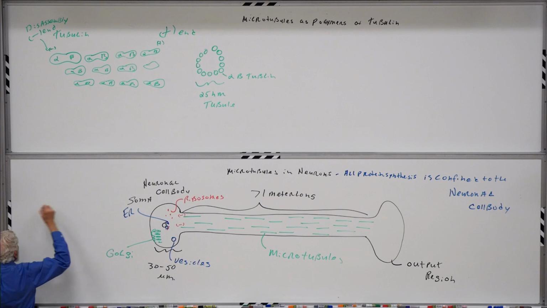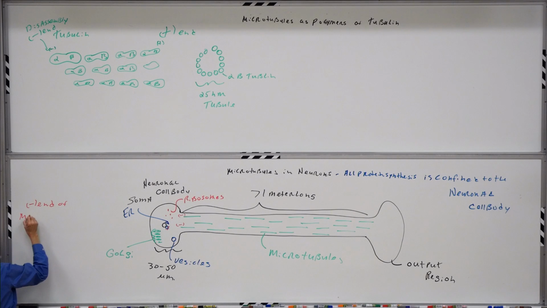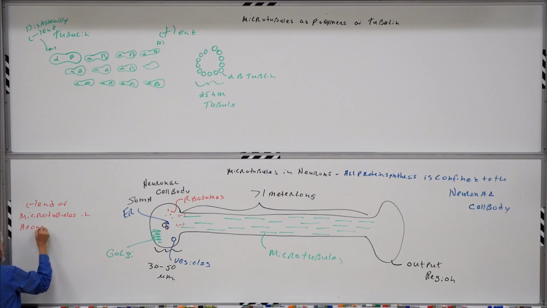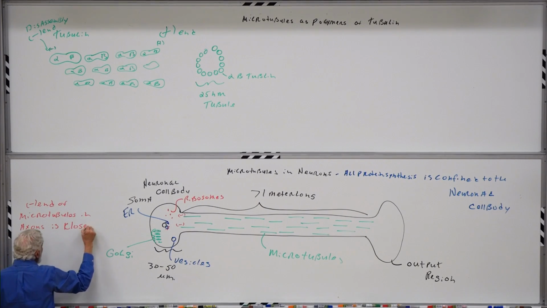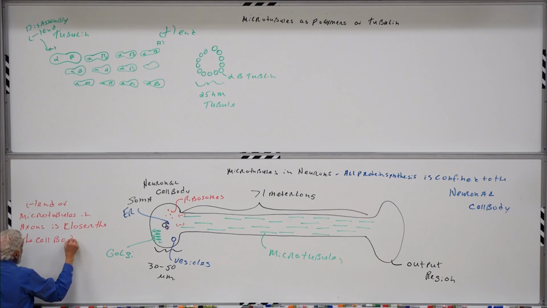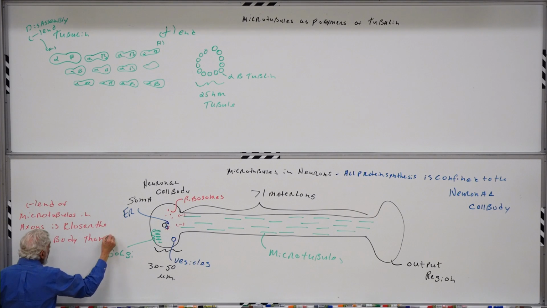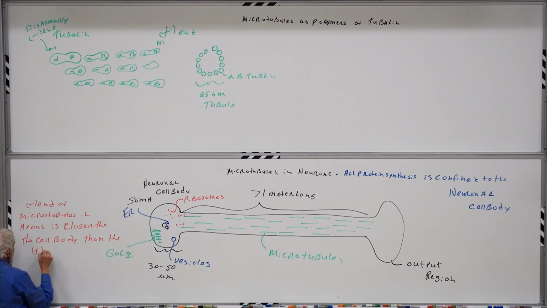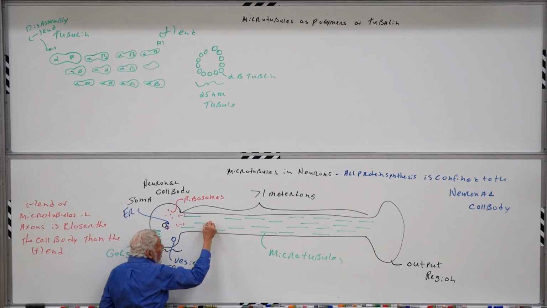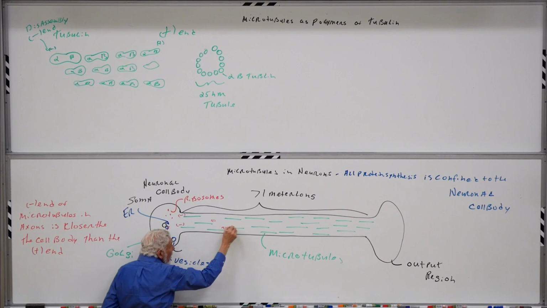So we can spell that out and say the negative end of microtubules in axons is closer to the cell body than the positive end. So that this end of the microtubules will always be the positive end.